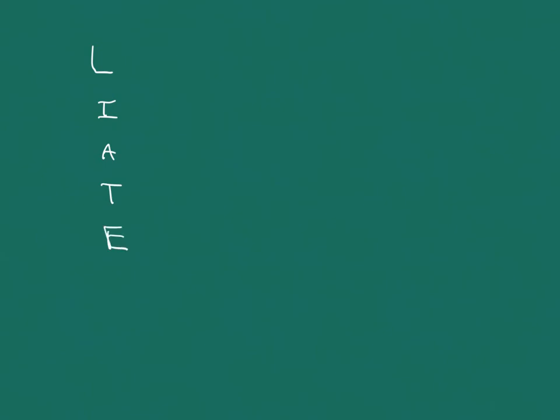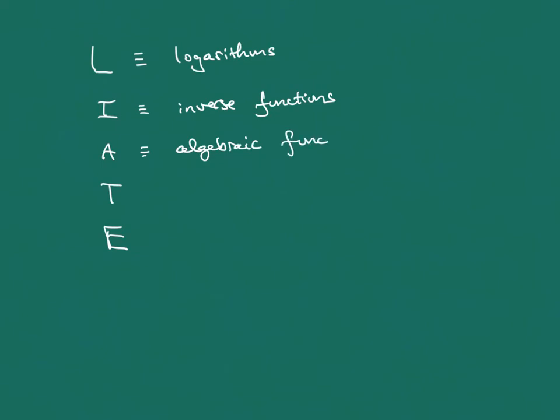What LIATE actually stands for: the L stands for logarithms, I stands for inverse functions, A stands for algebraic functions, T stands for trig functions, and E for exponential.